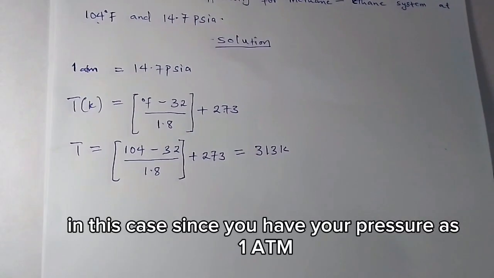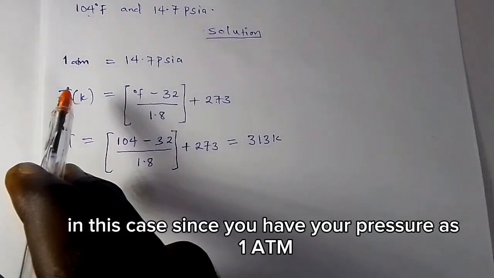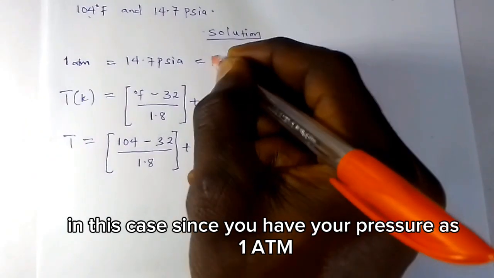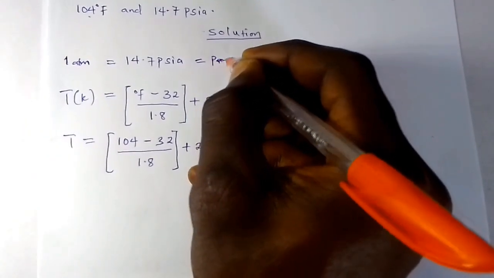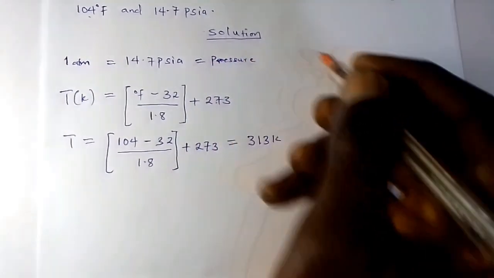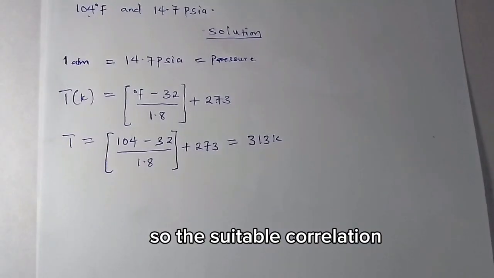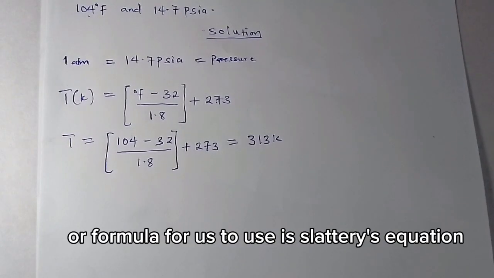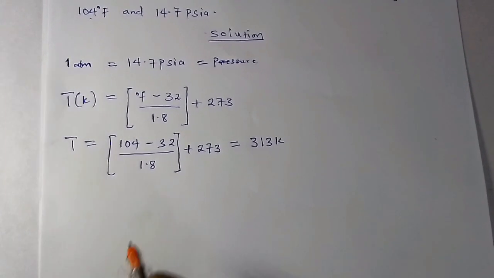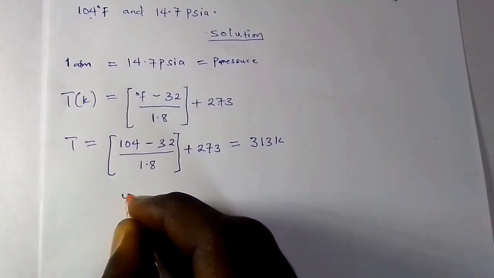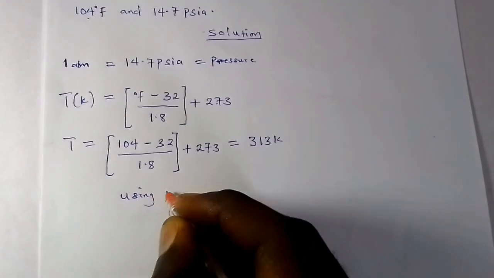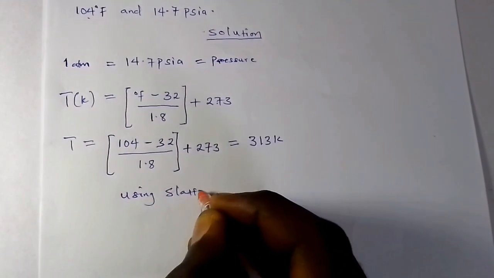In this case, since you have your pressure as 1 atm, the suitable correlation or formula for us to use is Slate equation.